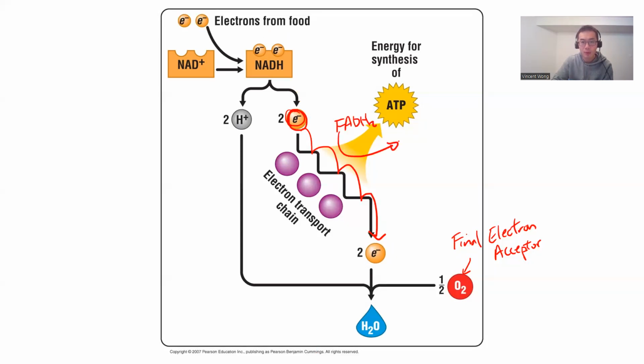FADH2 will also drop off the electron, but it drops it off at like at a lower point, right? So that's why it's not going to be able to generate as many ATPs. All these information are in the notes we took last time. I'm just refreshing your memory on it, right?